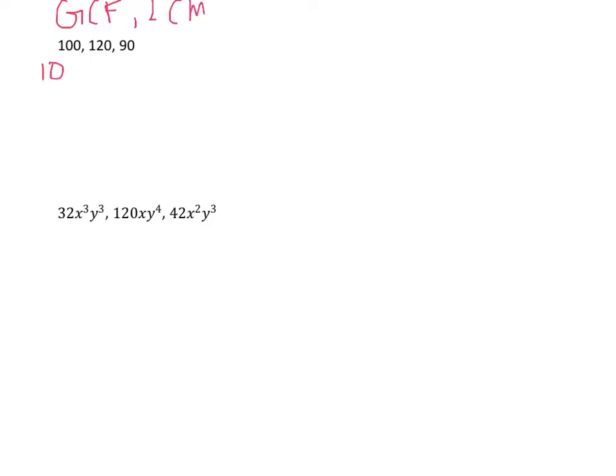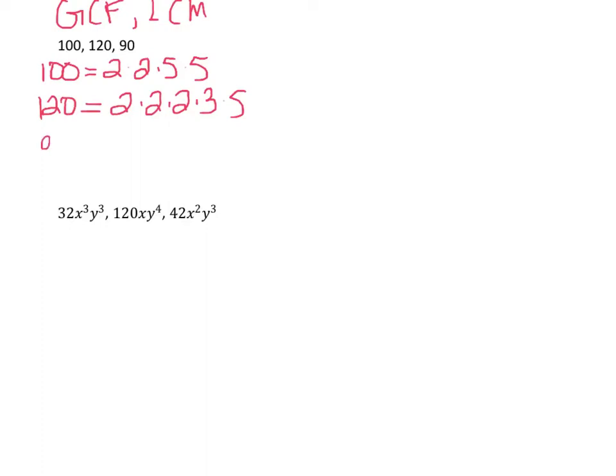So for 100, if I get the prime factorization, I know that 100 is 10 times 10, so that makes this 2 times 2 times 5 times 5. For 120, I know that 120 is 12 times 10, so that becomes 2 times 2 times 2 times 3 times 5. And then finally I've got 90. That's 9 times 10, 2 times 3 times 3 times 5.